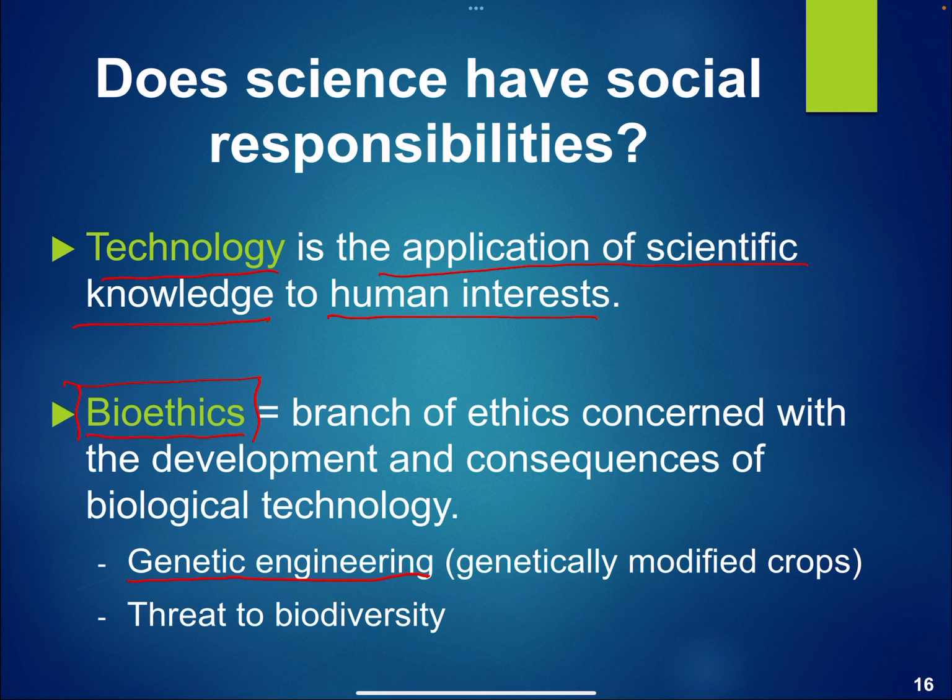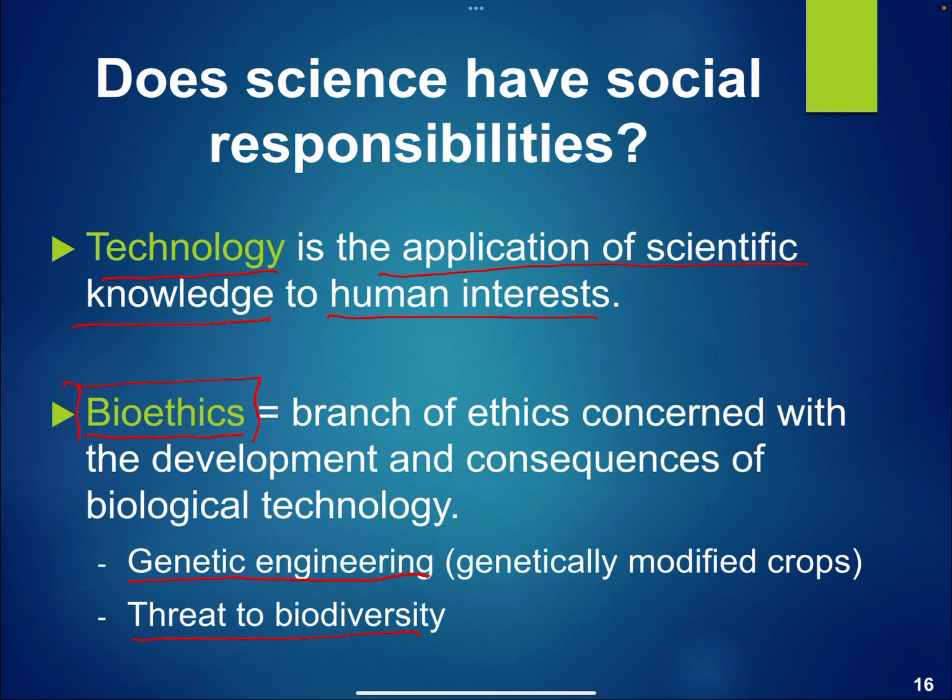Then we have the threat to biodiversity. Yes, the fact that we are producing genetically modified crops is a major threat to biodiversity because we tend to favor those genetically modified crops. For instance, in the United States today, it is very difficult, if not impossible, to find corn that is wild type corn.